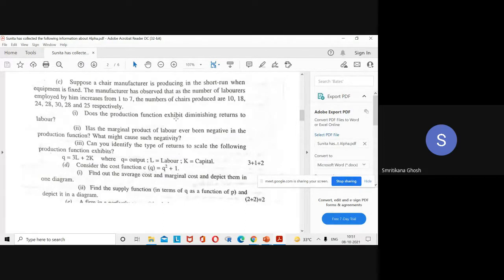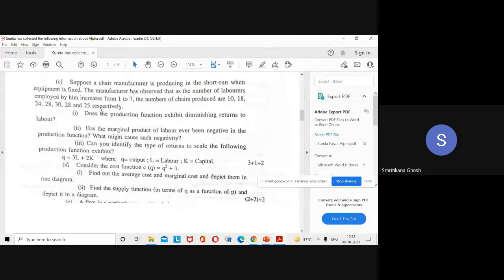Okay, so the first question is done. It is a 3 marks question. Look at the second question. Has the marginal product of labor ever been negative in the production function? What might cause such negativity? First of all, in your given example, the marginal product is negative, right?